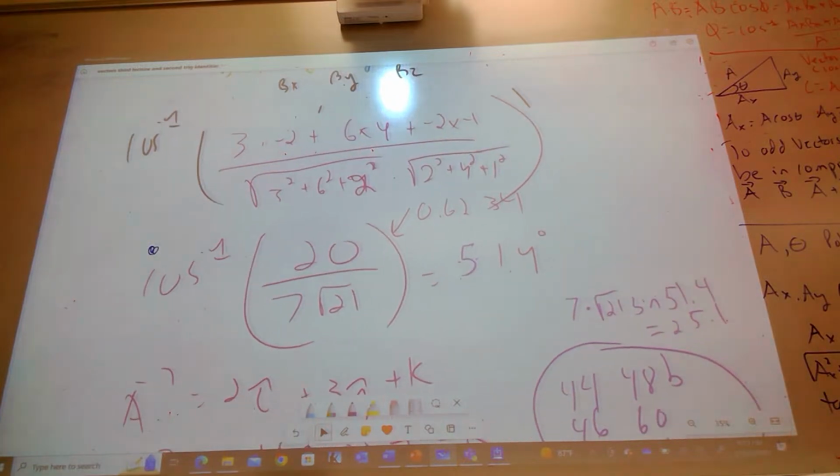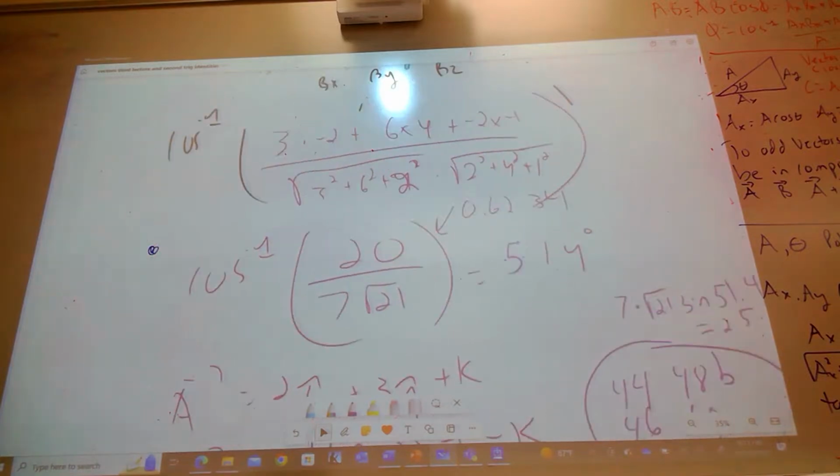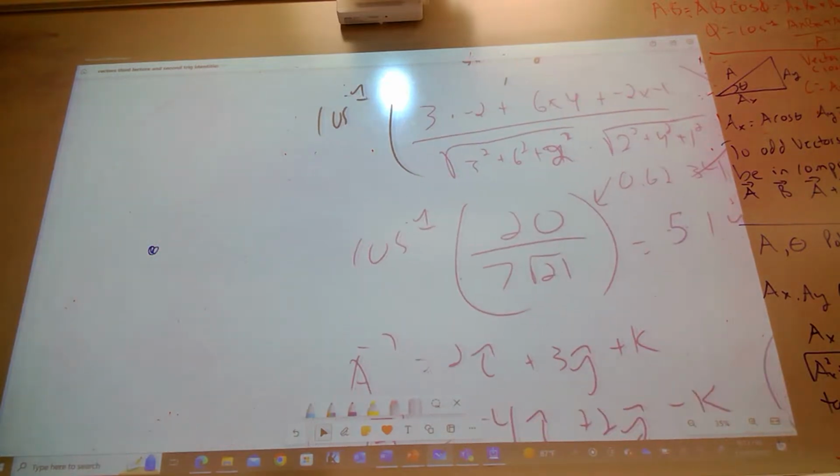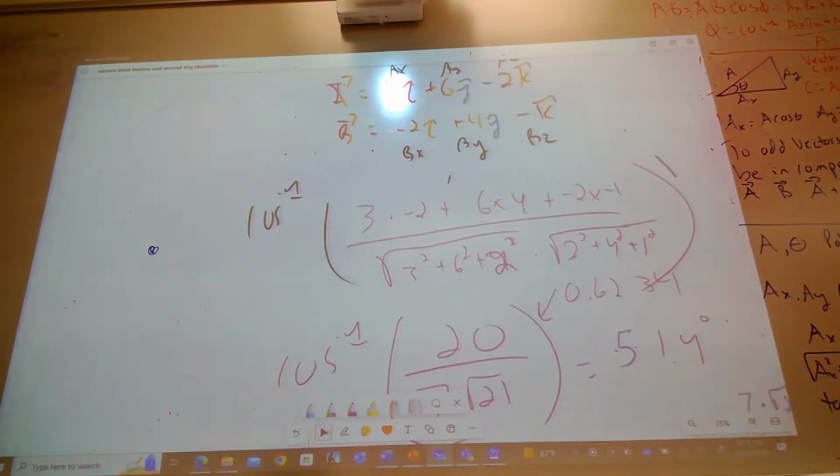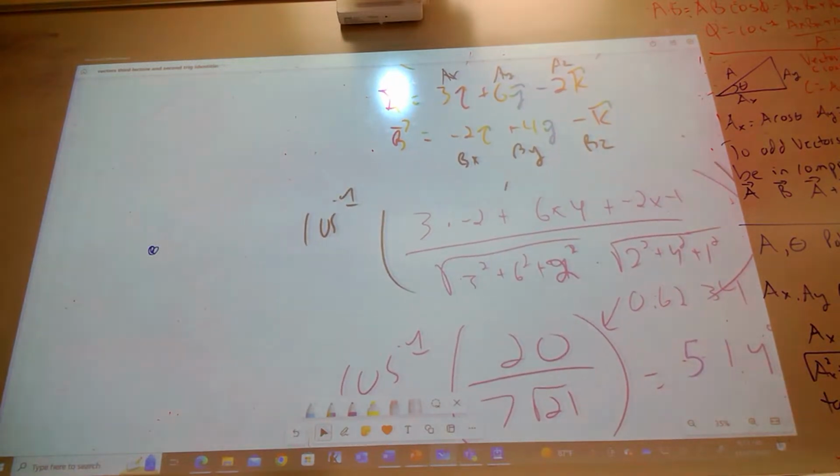So if I want to get the cross product of these vectors, tell me the cross product of them. You have everything you need to get the cross product.